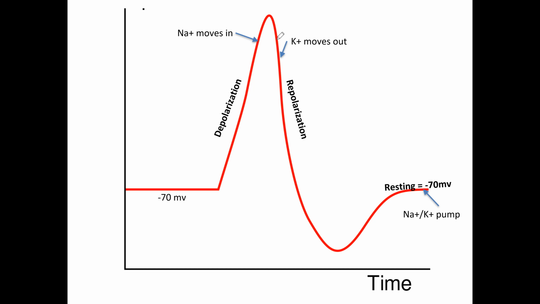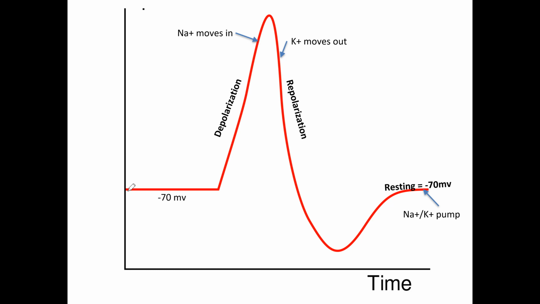And then when potassium moves out, and potassium is positively charged, we are losing positive charges, so the neuron repolarizes. It goes back to minus 70 and even overshoots this, and then returns back to resting minus 70.